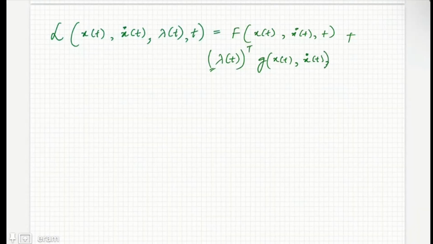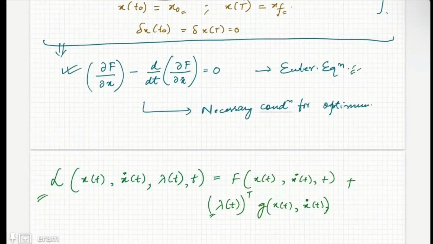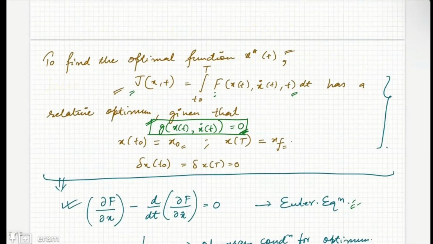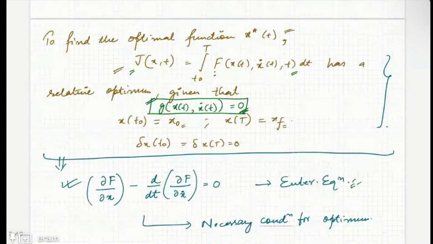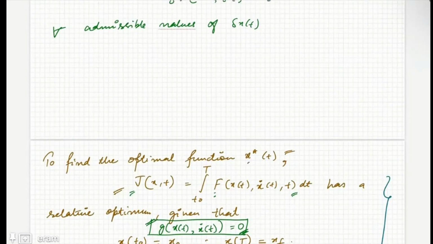And now when we define this Lagrangian, we just have to enforce this Euler equation over this Lagrangian instead of the function f. Okay, this is how we solve a constrained problem using this Lagrangian that converts this constrained to unconstrained, and then we enforce the Euler equation to find the optimal function x star. Or if it is a control problem, we can find the optimal control u star.